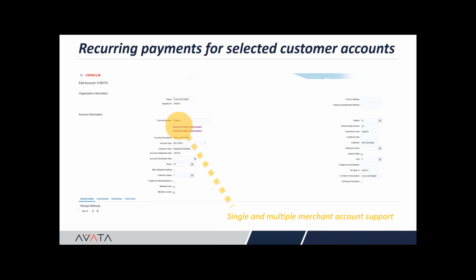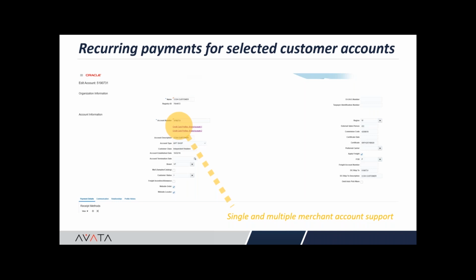We are supporting recurring payments for which details are being entered against customer accounts. We are supporting both embedded functionality as well as full redirect to external payment gateway credit card entry form, as was illustrated. We also support single and multiple merchant accounts, meaning that you can have for, let's say, all brands, you can have one single merchant ID.